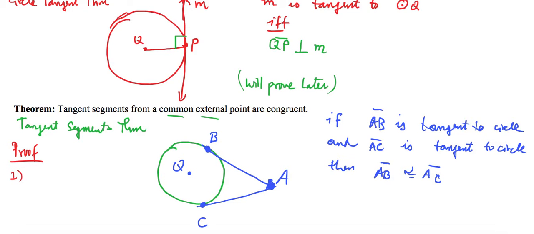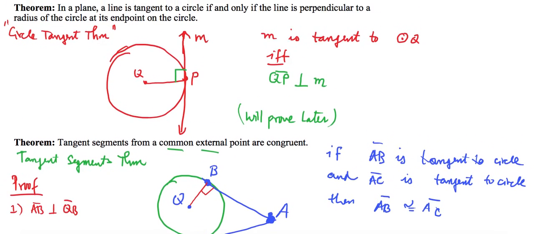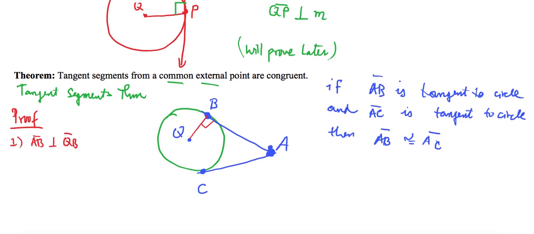Proof. Number one, AB must be perpendicular to QB, where QB here is the radius. This must be true. Well, why? Because of the theorem we just talked about, the circle tangent theorem.